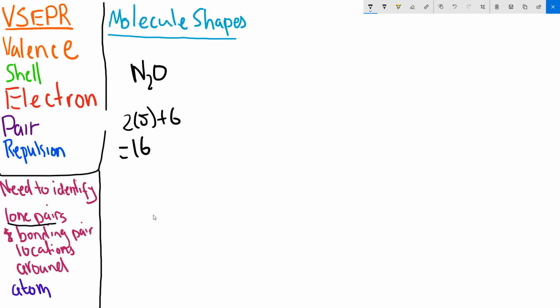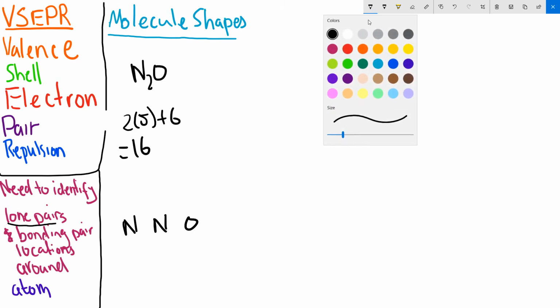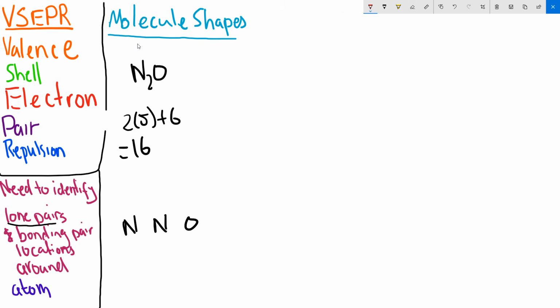I can quickly go and draw my Lewis structure. Now, the reason why nitrogen goes in the middle and not oxygen is because nitrogen has the highest valency. Remember, the valency of nitrogen is 3, whereas the valency for oxygen is 2.